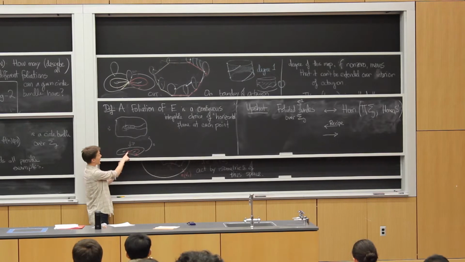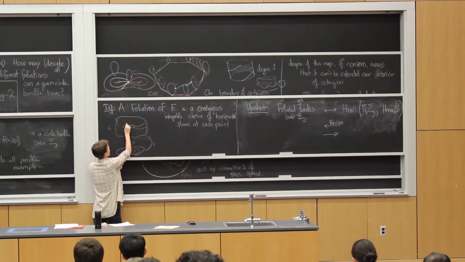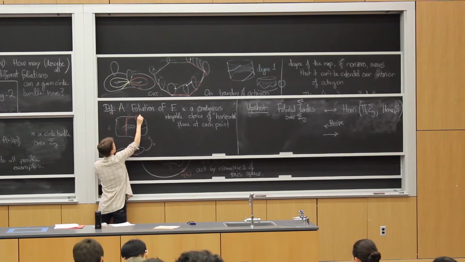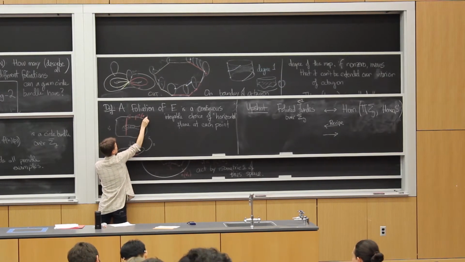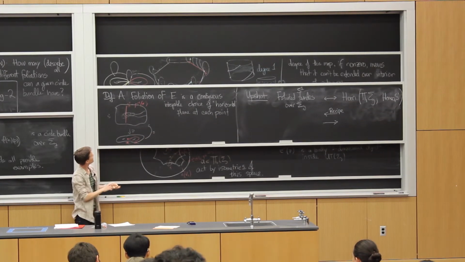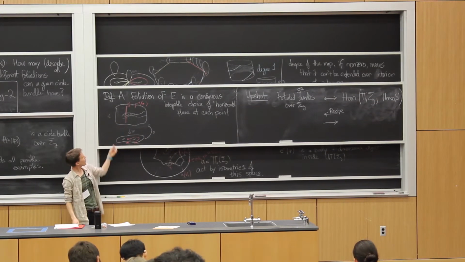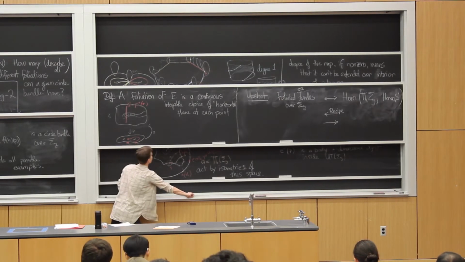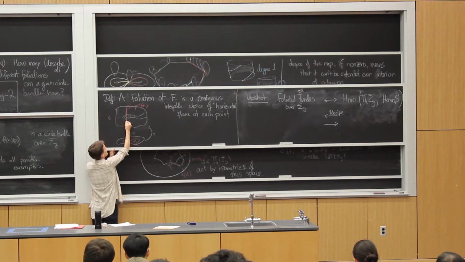Well, you can take the fiber over the base point. That's a circle. Here's my base point. And I want to define a homeomorphism of this using my curve A. Well, pick any point.